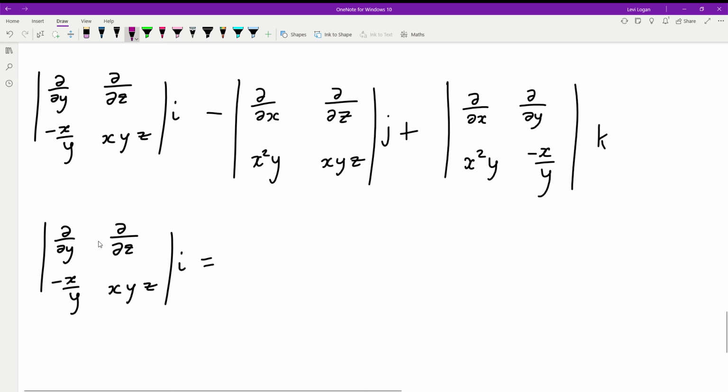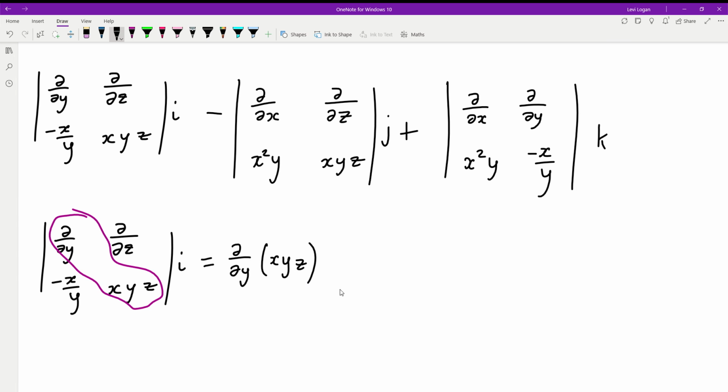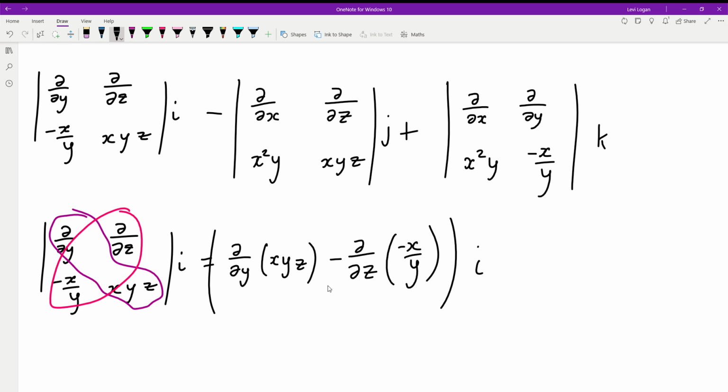So this one here will be this times this, so del of y, x, y, z, subtract this times this, so del z on negative x on y. And remember, whatever this result is, it will be a component of a vector, okay?